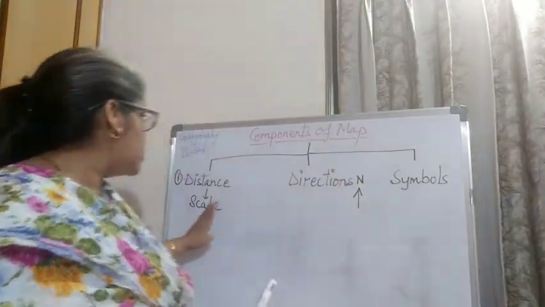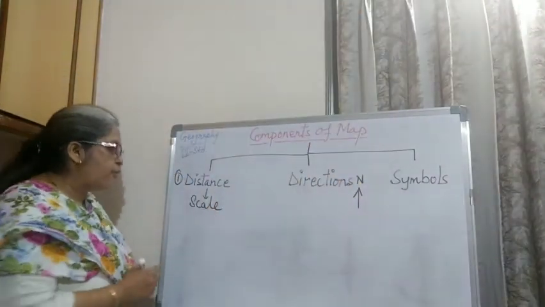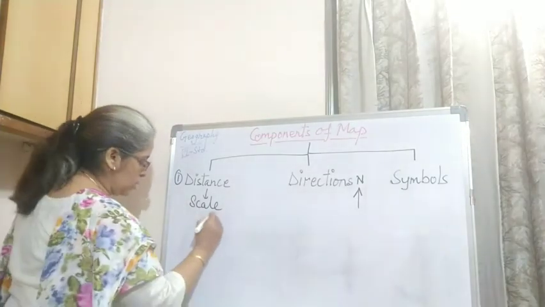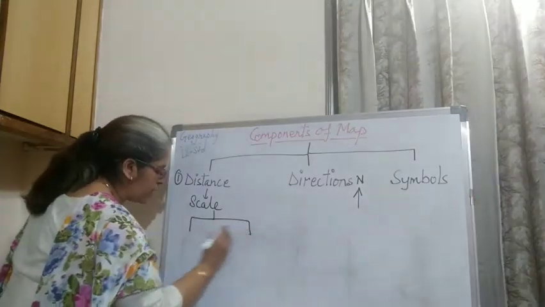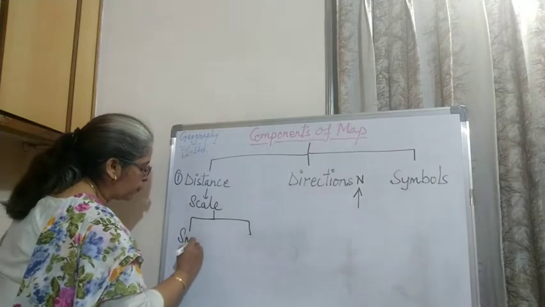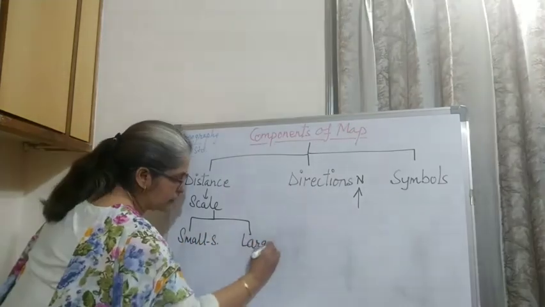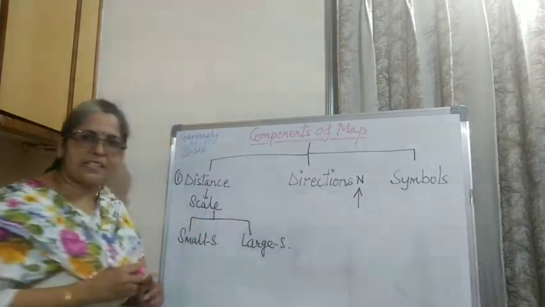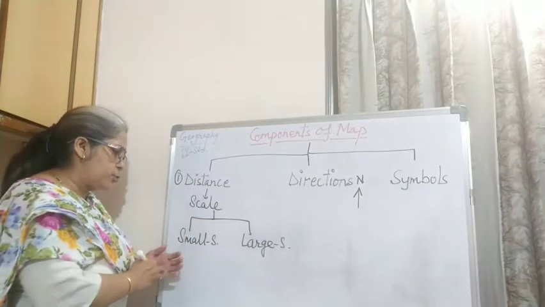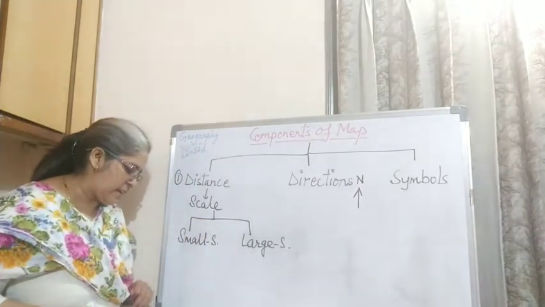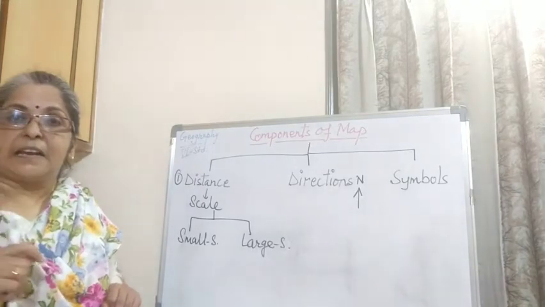Now see about the scale. We have 2 types of scale: small scale and large scale. Now what is small scale and large scale? Before that, what is a scale?